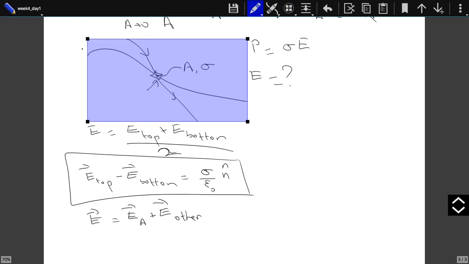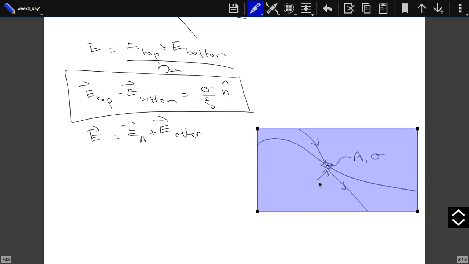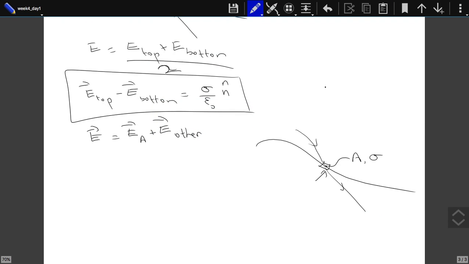Let's take this shape. This is E other. E other is created by all these charges. There's a hole over there.